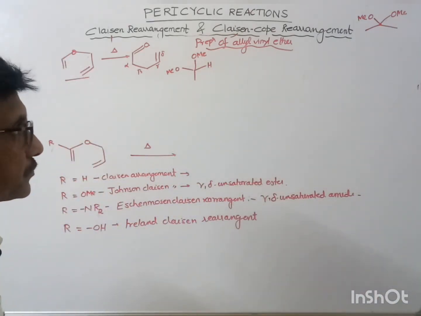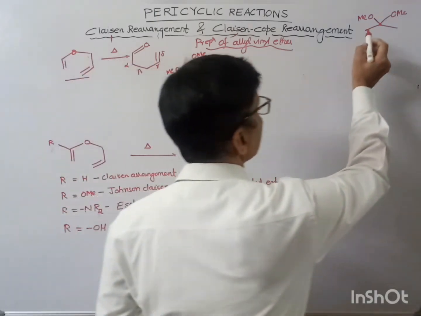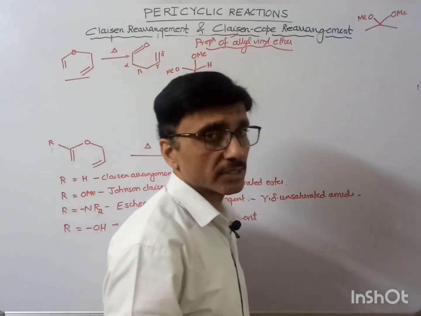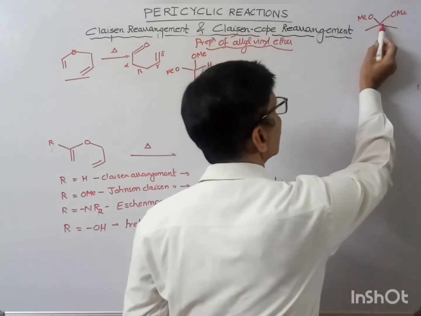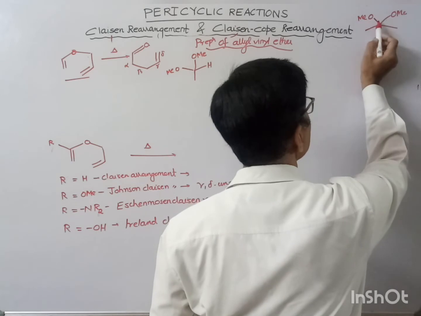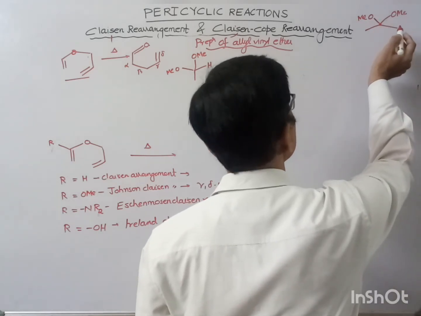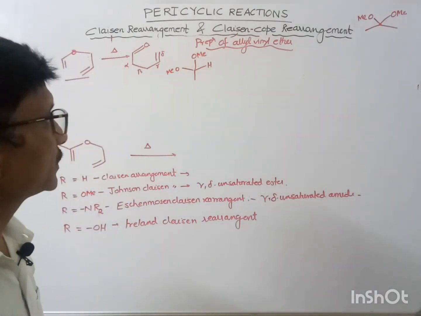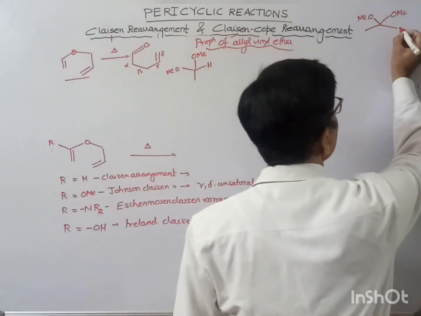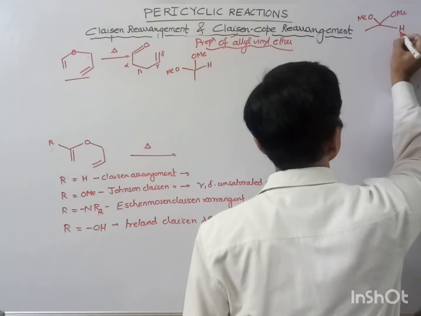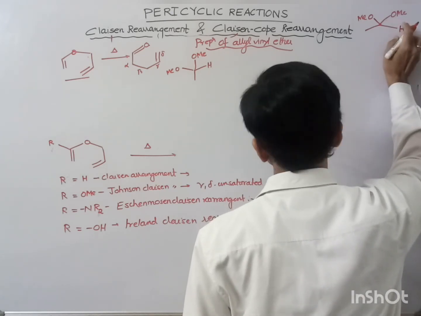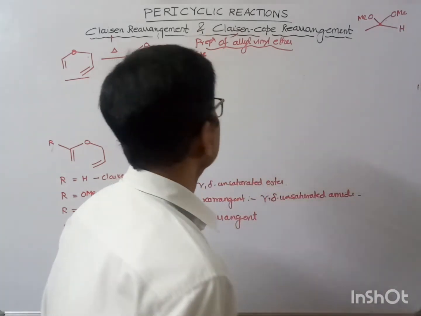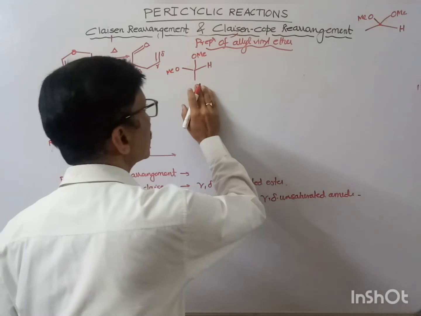Okay. Now suppose we have only one OMe group and another OH group, then that is called a hemiacetal. Here both methoxy groups are attached, that's why it is called an acetal. Or it may also be called a ketal. If hydrogen is present, then that is called an acetal. In place of hydrogen, if we have a CH3, then that would be called a ketal.